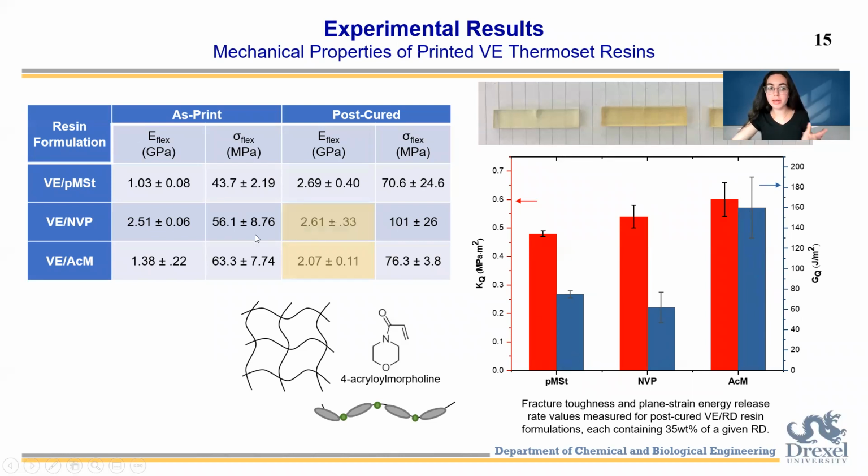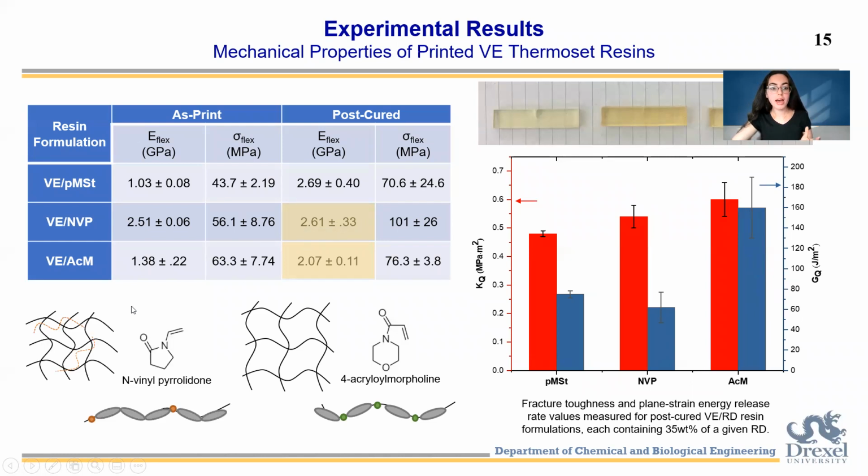This is very different than what we see again with NVP because vinyl ester oligomers really want to just homopolymerize with themselves. There's much less distance between those cross-linking sites. You have a fisher's net or a network where there's very little distance between the knots there. So it's much less ductile and you have a higher stiffness to that overall material.